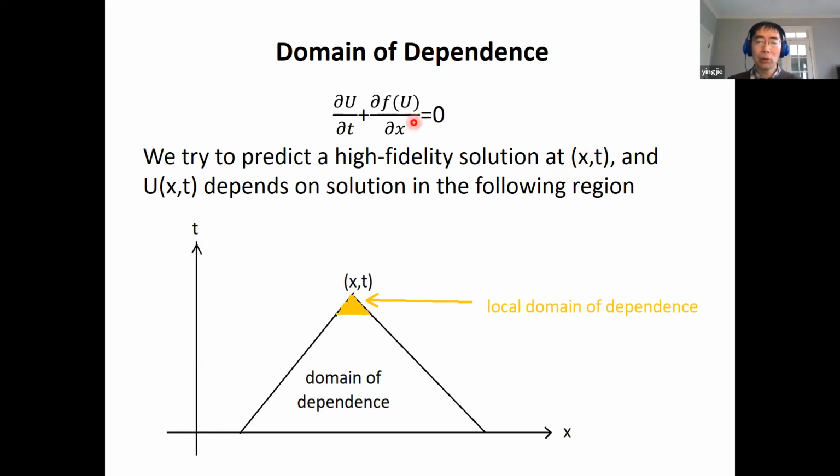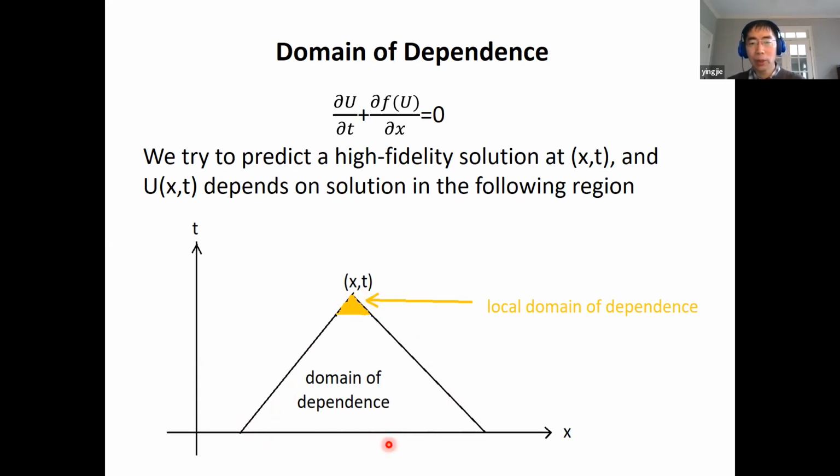For a conservation law, we know the information is traveling at finite speed, limited by the largest characteristic speed. So if you look at the space-time location here, you can draw two lines in the xt plane determined by the largest characteristic speed, and this will give you a domain of dependence.